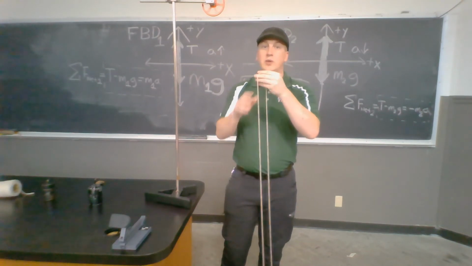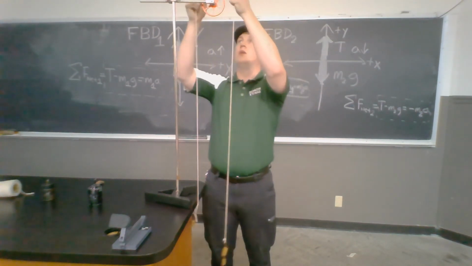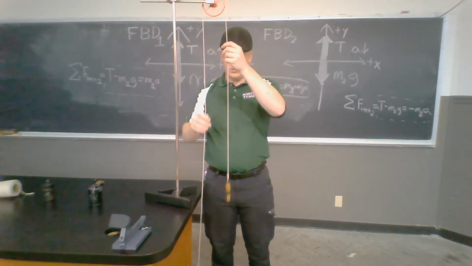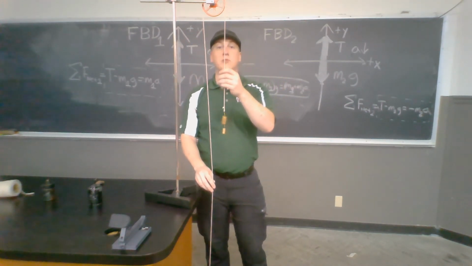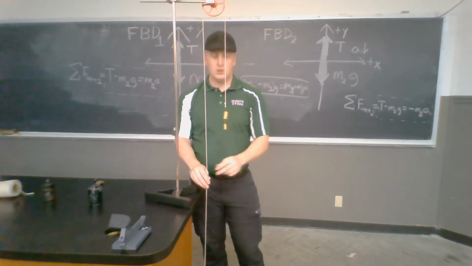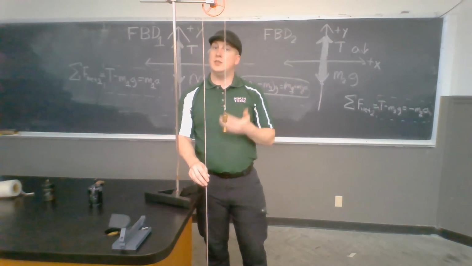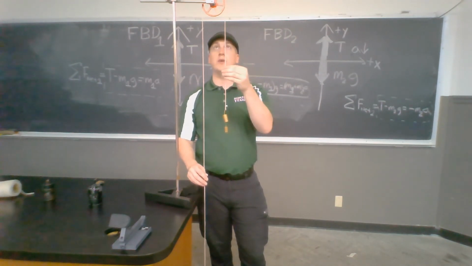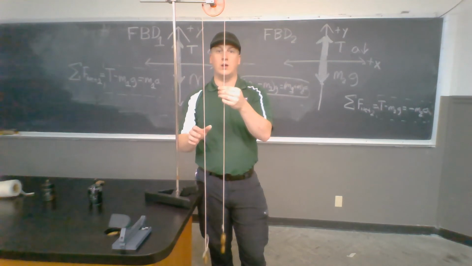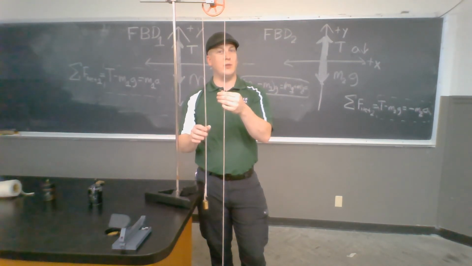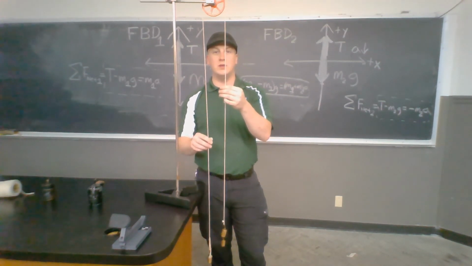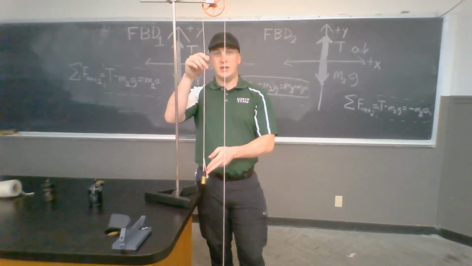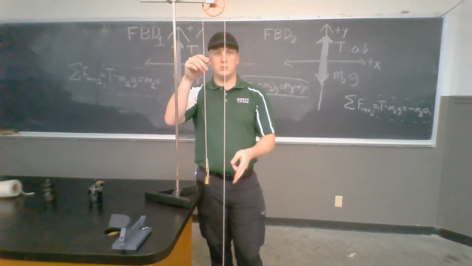If we wanted to, we could take a motion sensor and put it underneath the one mass that's going to move away from it, and see that the acceleration should be the exact same value no matter what. So if I let go again, I'm slowing it down with my hand to help you see that it's going to be moving. Even if I put it up here, it's still going to move, where this mass will move upwards and this mass will move downwards.